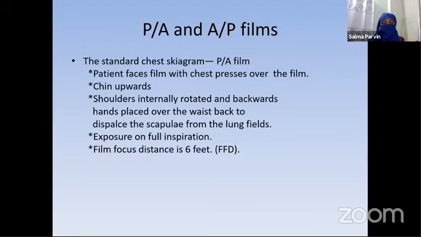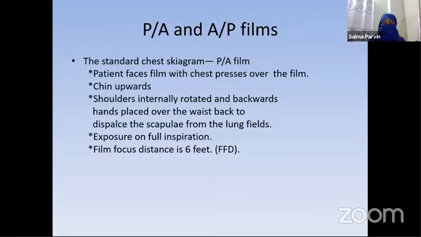The chin is directed upwards and the shoulders are internally rotated and backwards, so that hands placed over the waist at the back displace the scapulae from the lung fields. The exposure is usually taken in standard conditions in full inspiration, and the film focus distance is 6 feet.